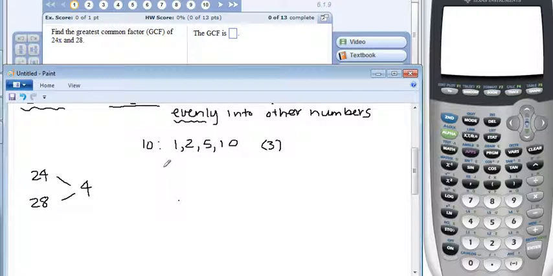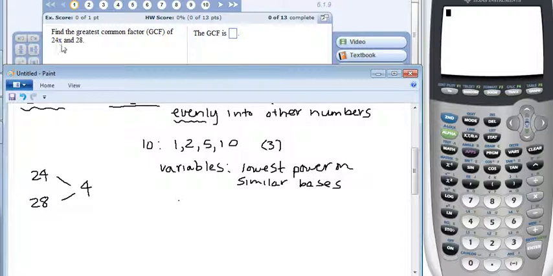But for variables, we always take the lowest powered on similar bases. Okay, so here we have a base of an x. Here we have 1x, right? Here, let's do this. I can rewrite this as 24x to the first power and 28x to the 0 power.